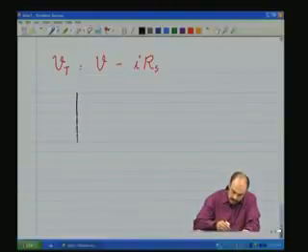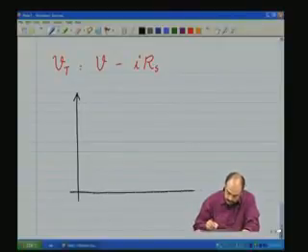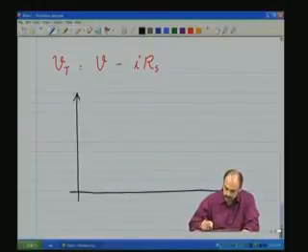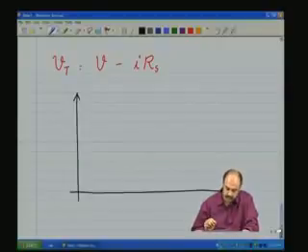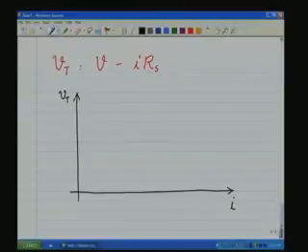So let us now draw the VI characteristic of such a practical source. Now the x-axis is I, the load current, which is the independent variable. The y-axis is Vt. Now at 0 load, which means I is 0, there is no current flowing through the output circuit.